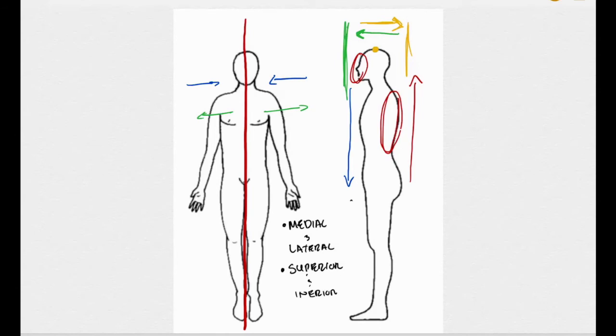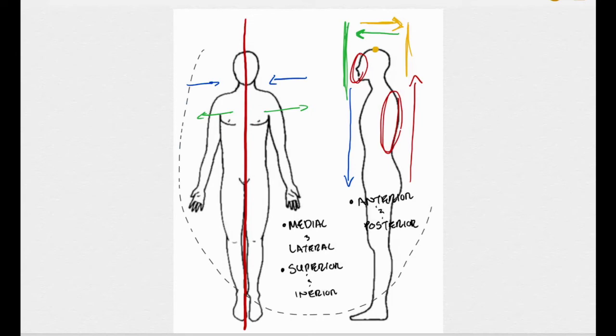And the last pair was anterior and posterior. Awesome. Not too hard, right? Medial and lateral, superior, inferior, anterior, and posterior. Those are the 6 principal directional terms in anatomy.